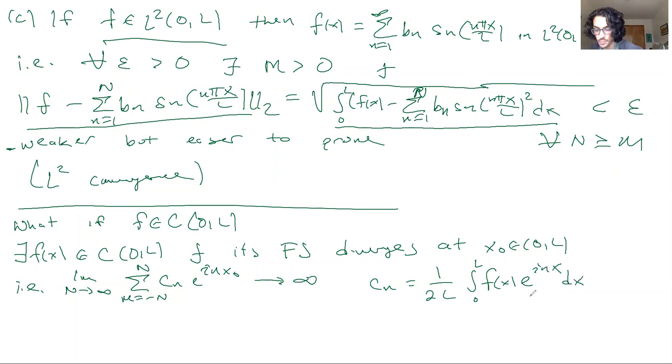This is just the complex exponential version of our Fourier series, me breaking up the sines and cosines into complex exponentials. There's a theorem according to Du Bois-Reymond, 1876, that essentially says that we're going to have divergence in this case.